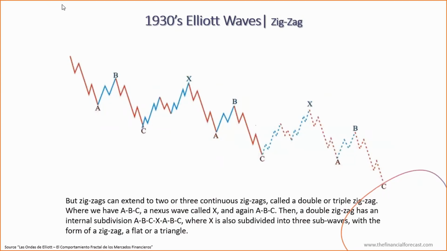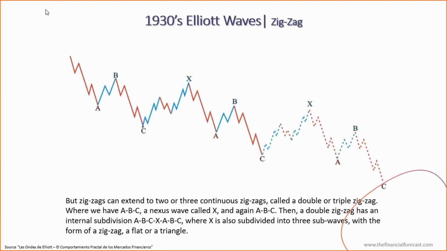We can have up to 3 times this zigzag, even more. We can find more, but 3 is the maximum, let's say, that we can identify, and all those zigzags are connected by a wave called X, also a connector.